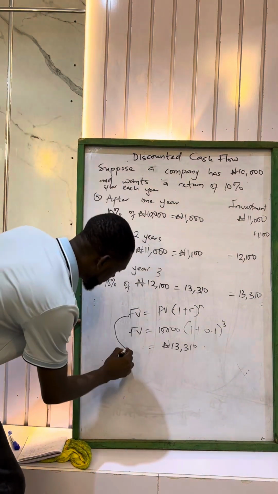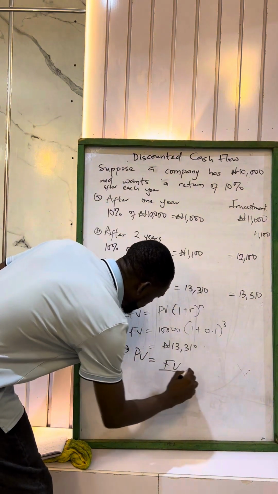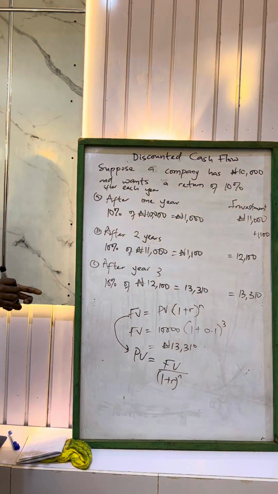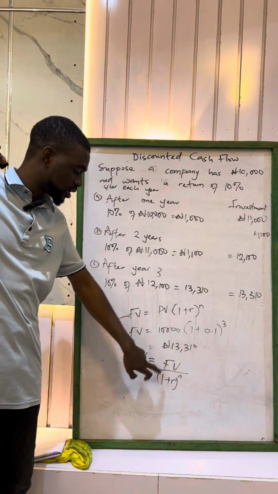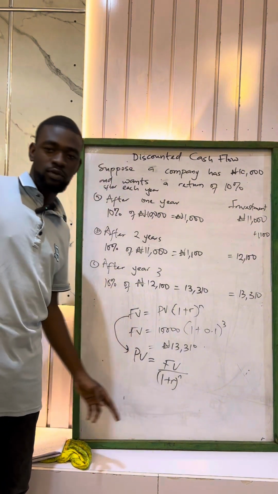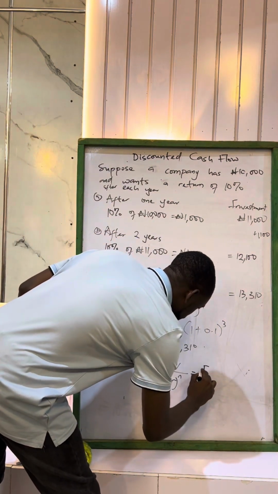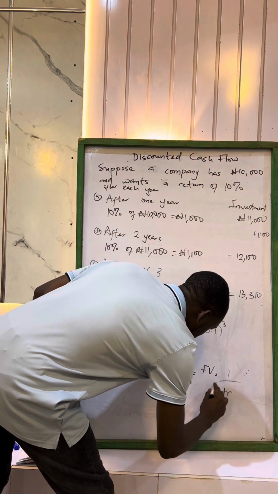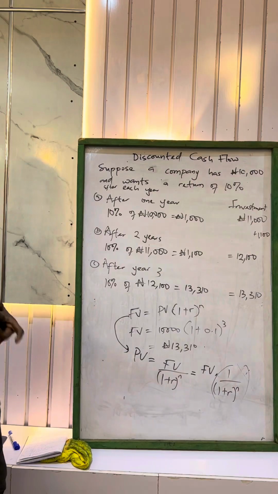I can just bring this as my present value, which is going to be future value over 1 plus R raised to power N. So to get 100,000 in 2 years, I can use this formula to get the value of that 100,000 naira now, whatever my discount rate is. This is also the same as FV times 1 over 1 plus R raised to power n, whereby this that I'm having here is called my discounting rate.